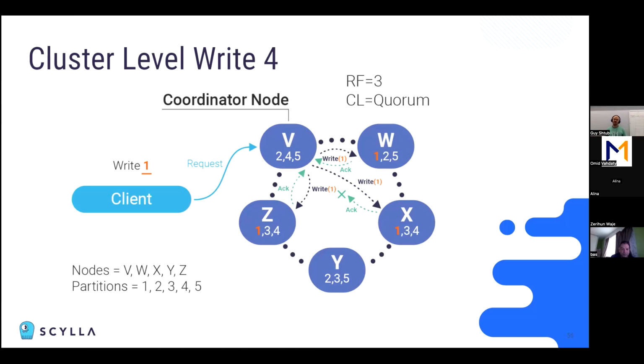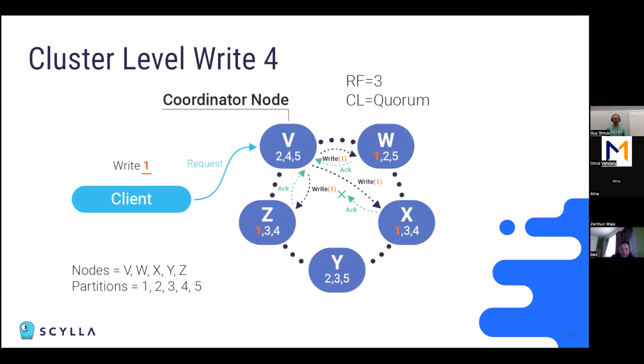In this case, for whatever reason, say there's a network failure, the acknowledgement from node X to the coordinator node, node V, fails and doesn't arrive. So only 2 out of the 3 acknowledgements are sent to node V.